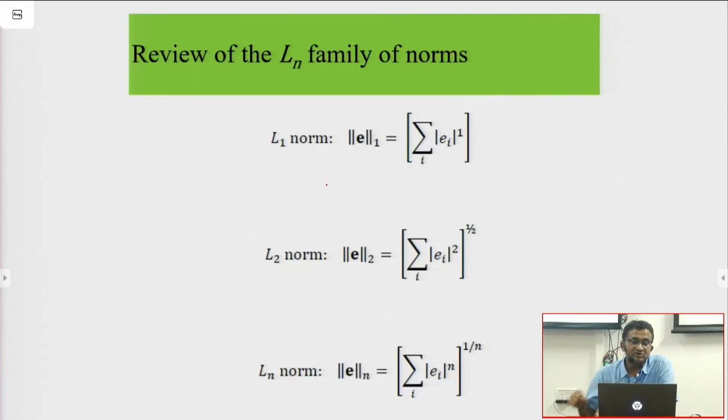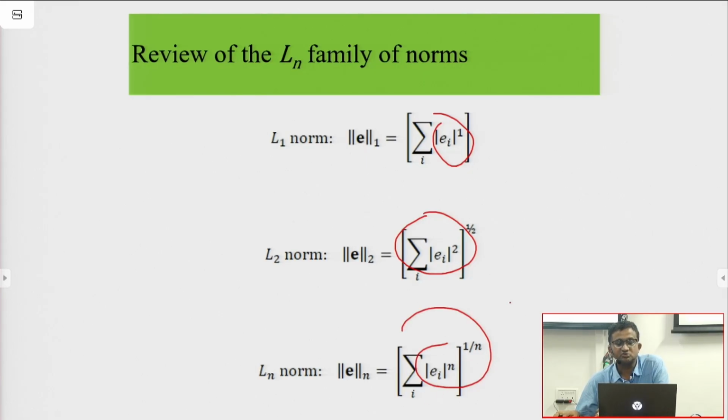So here you will see the expressions of the different norms. L1 norm is the absolute difference between the 2 points, observed versus predicted. L2 norm has the square terms, mean square error, and so on. So mostly we use these depending upon two things.